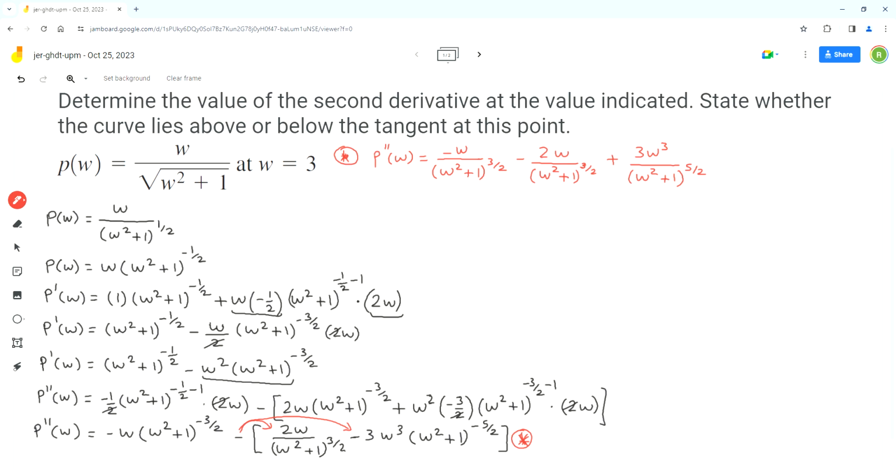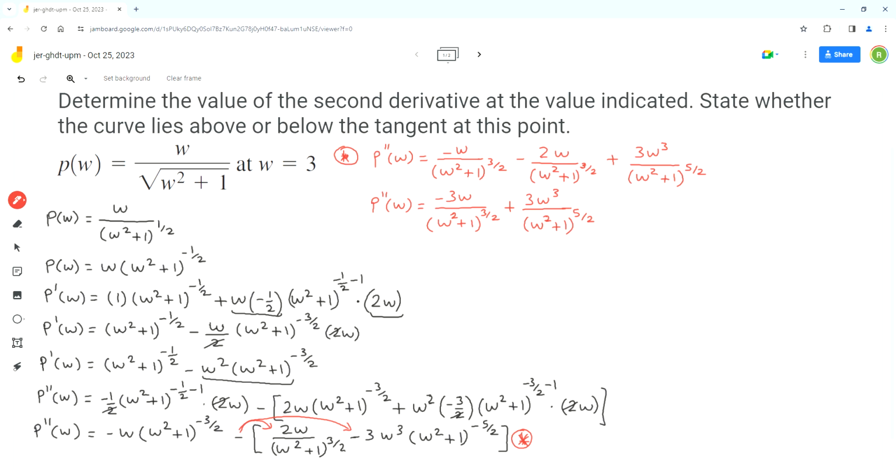So negative W minus 2W is equal to negative 3W. So this is the expression for the second derivative of P at W.